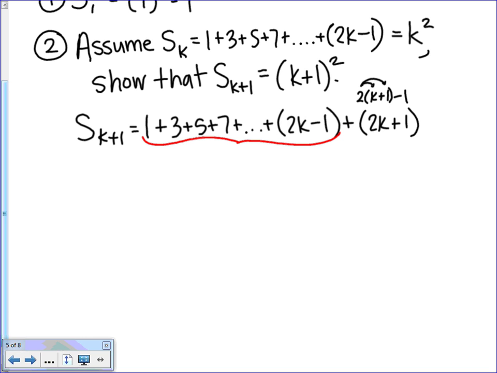From 1 plus 3 plus 5 plus 7 all the way to 2k minus 1. That matches what we have up here in our assumed statement, correct? So this is my s sub k. Okay, all of that is s sub k.